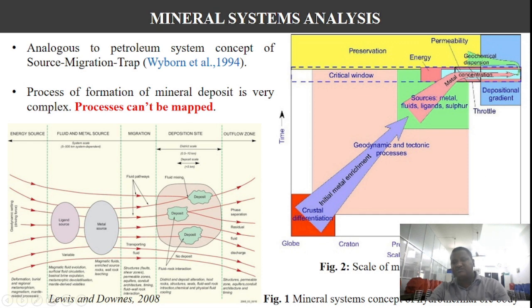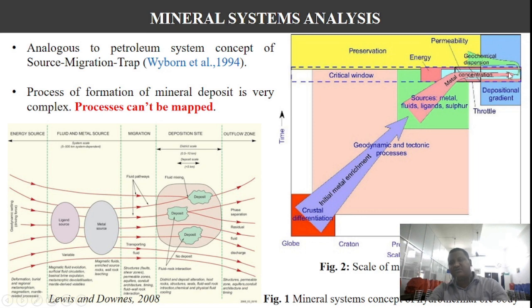And from district to deposit scale, the metal concentration process initiates, which includes the migration of metal bearing hydrothermal fluid through structural discontinuities such as faults, fractures, and erosions in the earth crust. At deposit scale, various precipitation mechanisms occur, which result in the precipitation of ore from the metal bearing hydrothermal fluid.